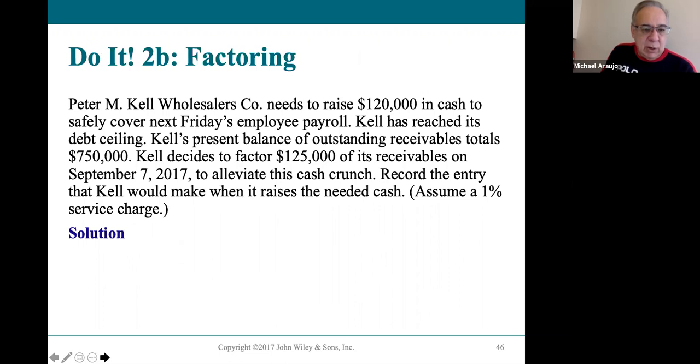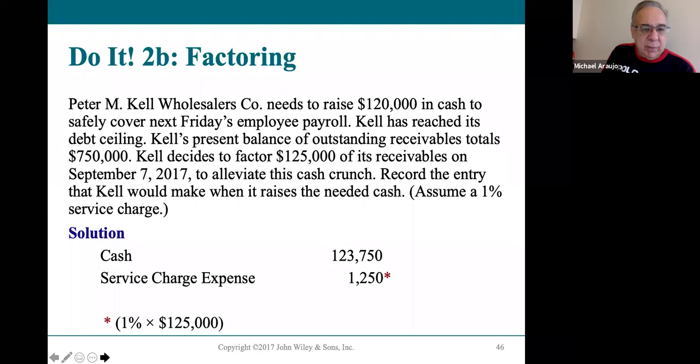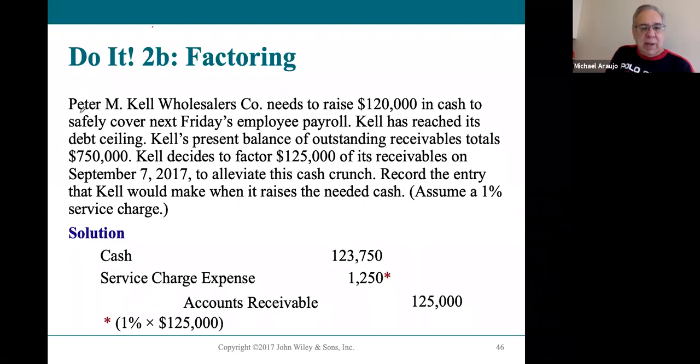Again, really quick, let's do an exercise regarding factoring. Here you have a company, Peter Kell Wholesalers. They need to raise money for payroll. That's a good reason to raise money. They have a lot of receivables on their books. They're going to sell off $125,000 of those to alleviate their cash crunch, and there's a 1% service charge.